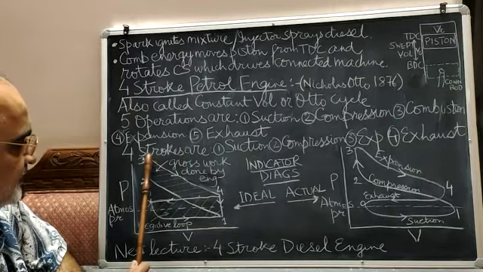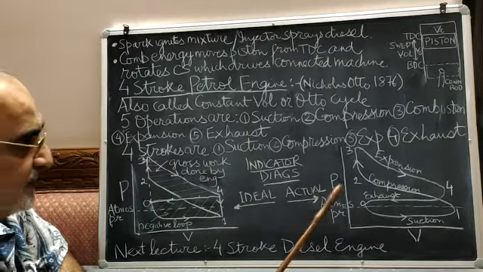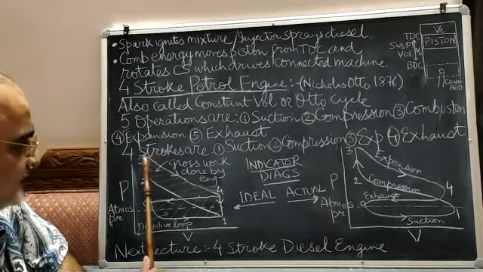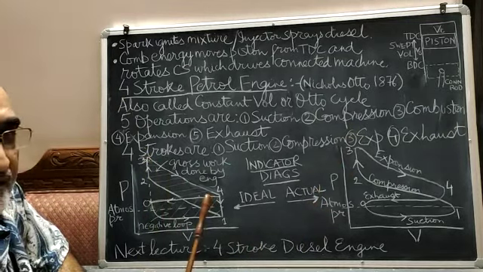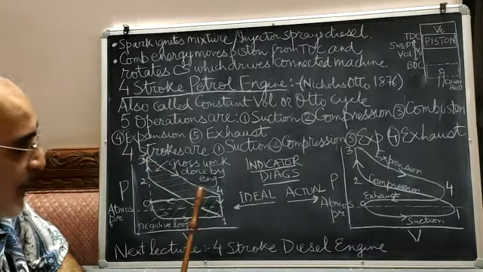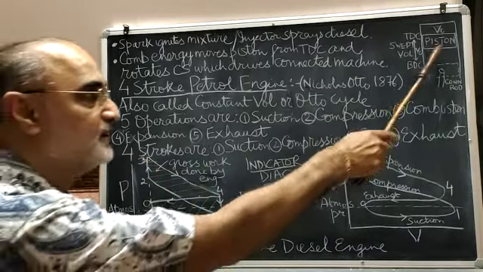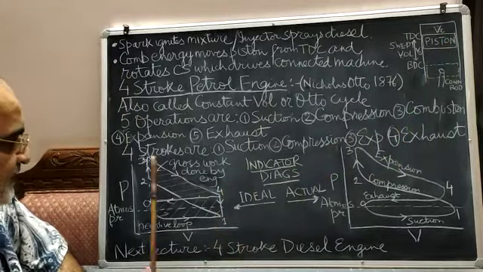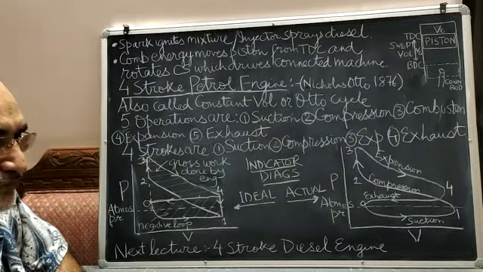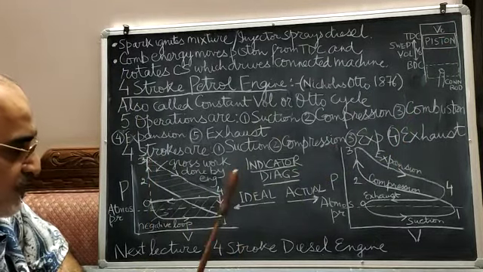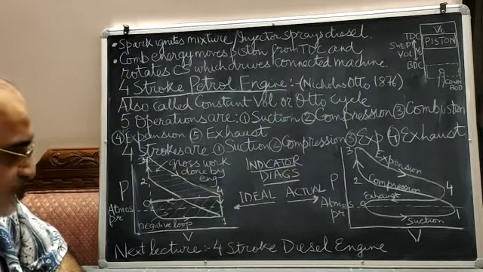Thereafter, from 3 to 4 is the expansion stroke. The burnt gases expand and push down the piston from 3 to 4. And then from 4 to 1 is the exhaust.